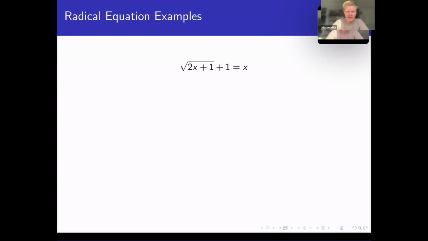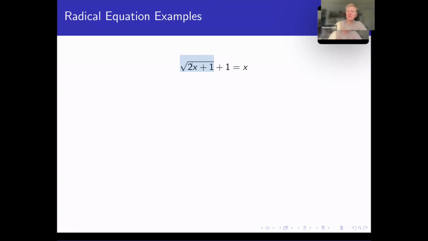But what happens as soon as we have something like this? What I mean by this is we got a square root and then an extra plus 1 on the outside. Well, one thing I want to stress is this. Every single problem we've done so far has been just that root on one side by itself, and you can immediately jump to squaring or cubing or to the fourth of both sides.